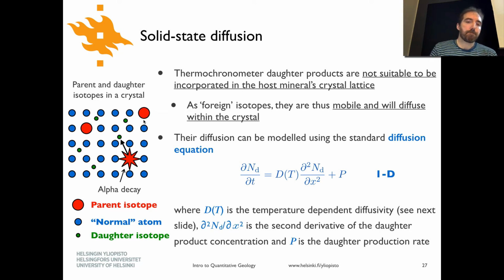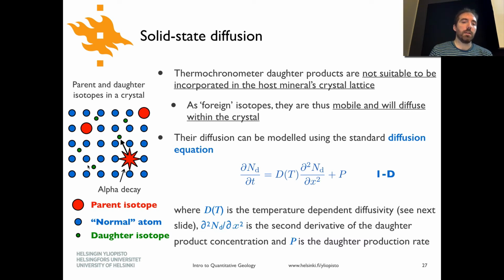And then there's these parent isotopes that have substituted in as the crystal form. So these could be uranium or thorium, and here we have decay of one of those. So it's a spontaneous decay of some parent isotope, and that produces then one daughter isotope shown in green.